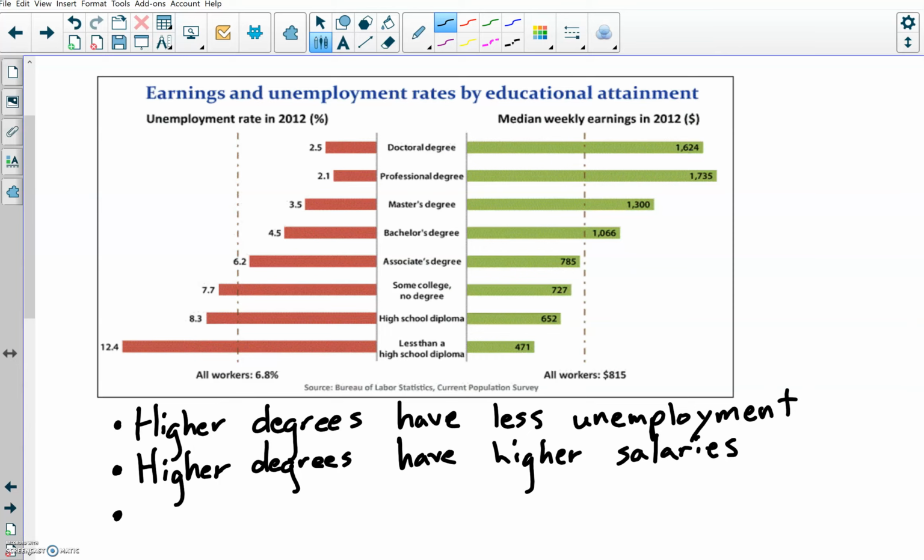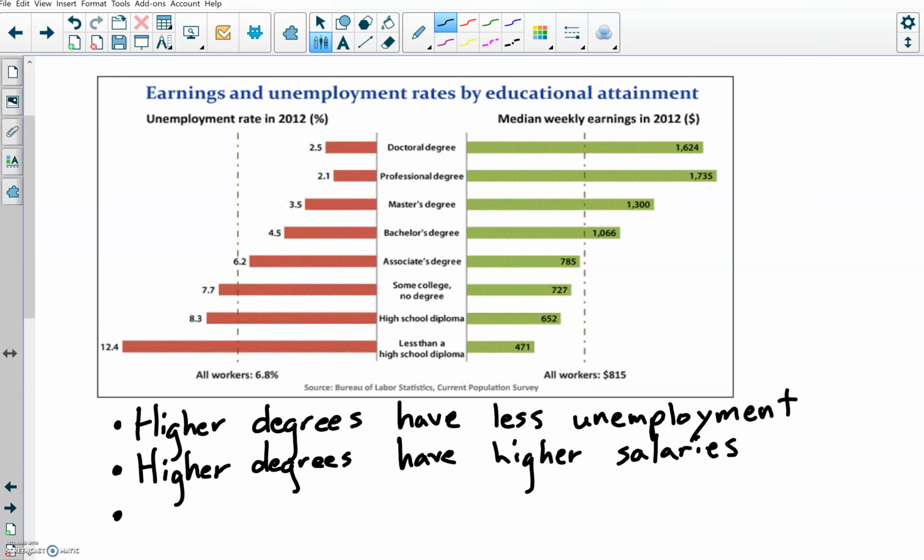And then a third thing, and again, you might not be seeing the same thing I'm seeing. Maybe you saw something different that was of interest to you. If I was doing this in class, sometimes I get like 6 different things, so don't feel bad. And then here, last one, people with no high school diploma have a higher than average rate of unemployment.